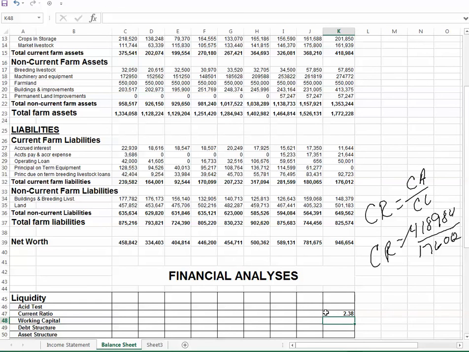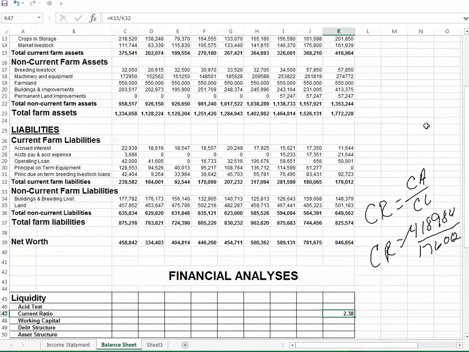So what does that number tell me? It says for every $1 that's due in the coming year, coming fiscal year, I've got $2.38 in current assets. That means assets that are either cash or I'm holding for sale.